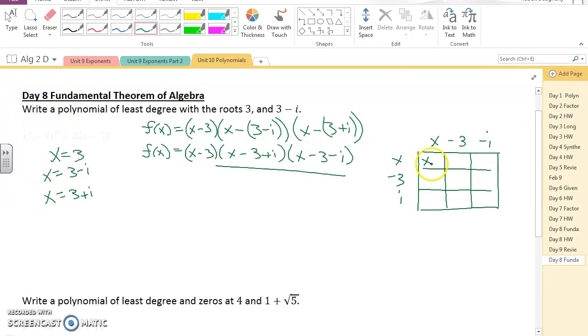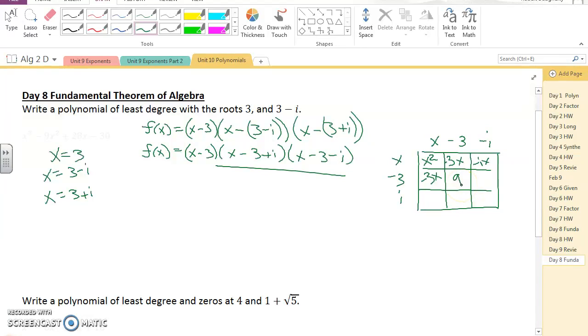So x times x is x squared. Negative 3 times x is negative 3x. And x times negative i is negative ix. And then go to the second row. Negative 3 times x is negative 3x. Negative 3 times negative 3 is 9.